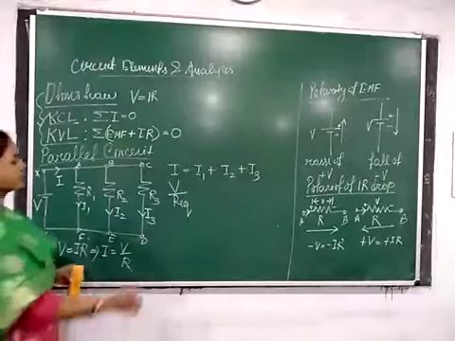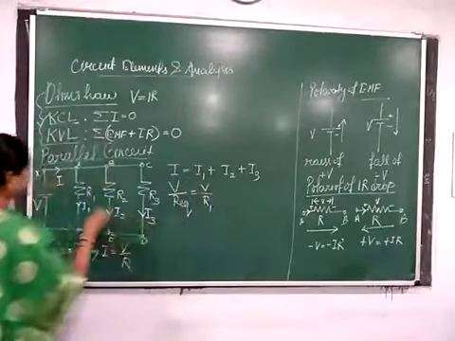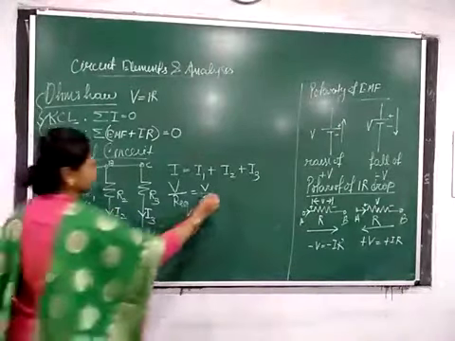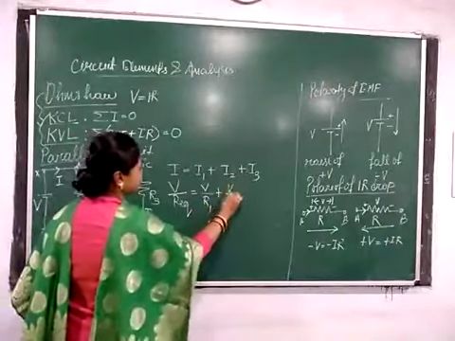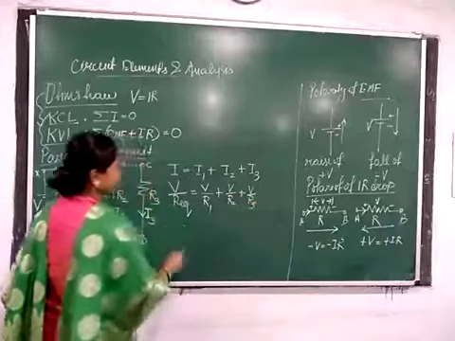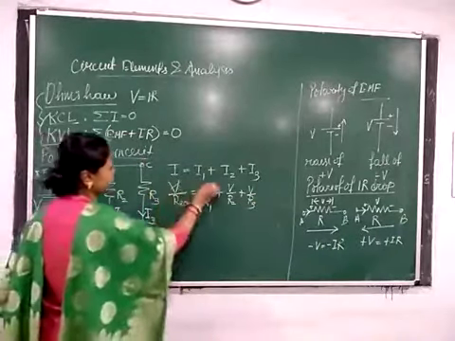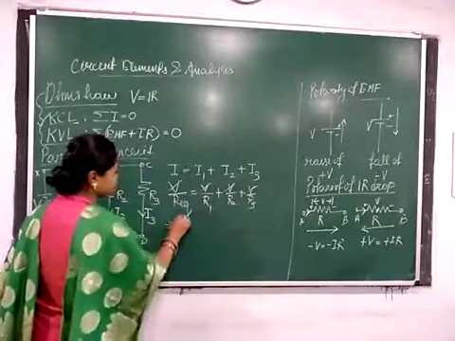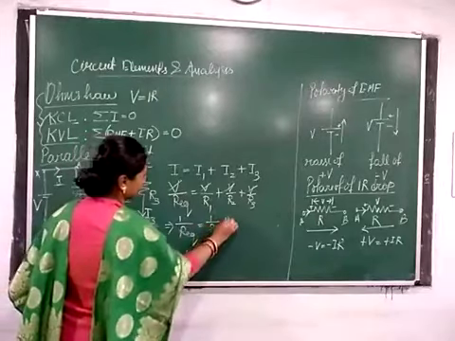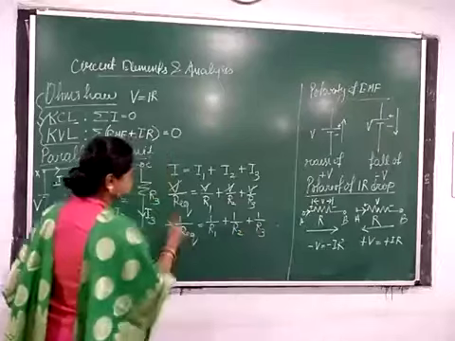So by using Ohm's law, I1 is equal to V by R1. Here voltage is V, current is I1. Similarly, I2 is V by R2, I3 is V by R3. If on both the left-hand side and right-hand side of this equation I cancel this V, you get 1 by R equivalent is equal to 1 by R1 plus 1 by R2 plus 1 by R3.